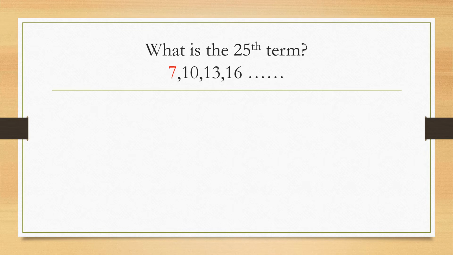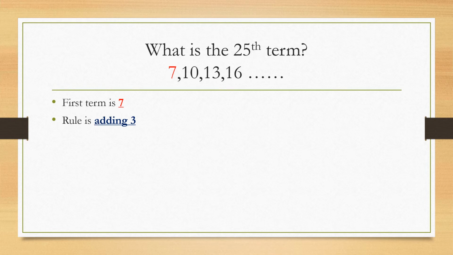Now let's use the same rule to find the 25th term. First, we have to know the first term in this sequence, which is 7. Then you have to check the term-to-term rule. What is the term-to-term rule here in 7, 10, 13, 16? Yeah, exactly. It's adding 3.